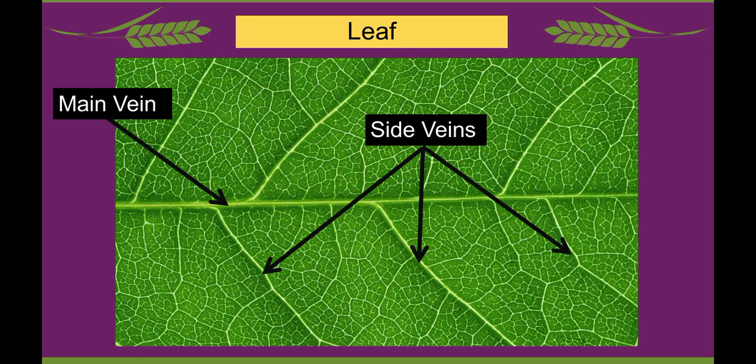And there are many veins attached to the side of the main vein. These veins we call side veins. So to this main vein, many side veins are attached. The side tubes we call side veins, and the middle tube we call the main vein.